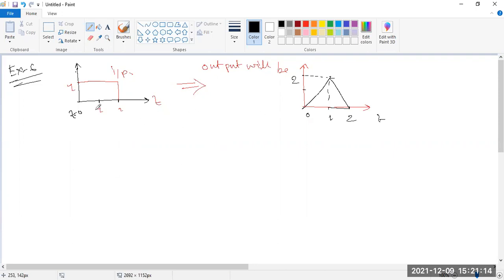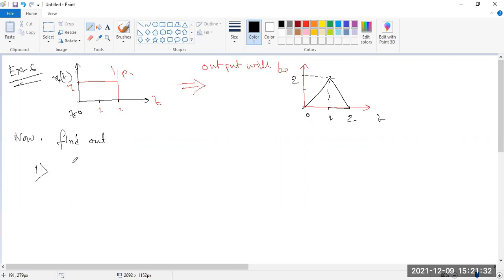So it is also an LTI system, but you have to find out, now, this is x of t, or you can say x1 of t.